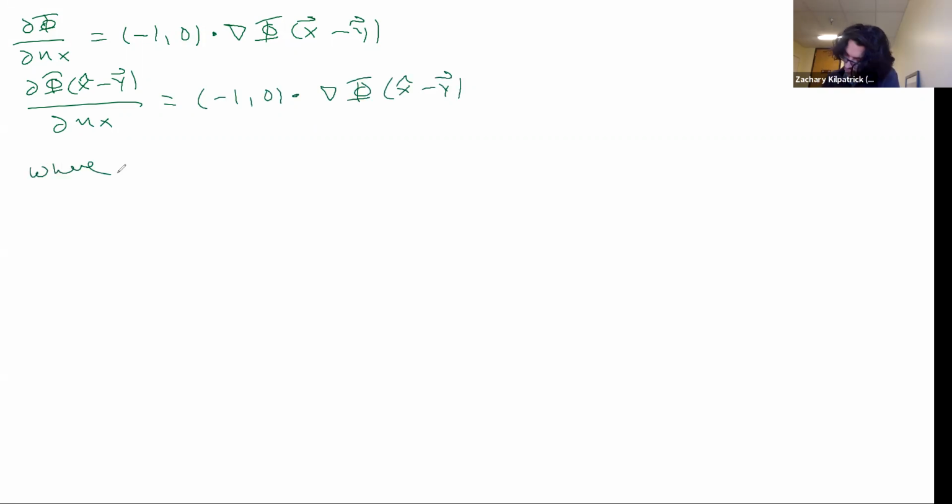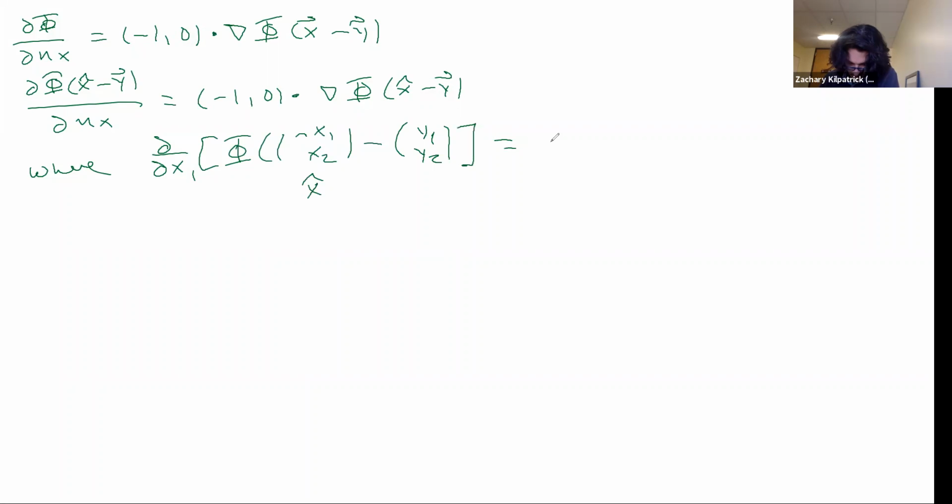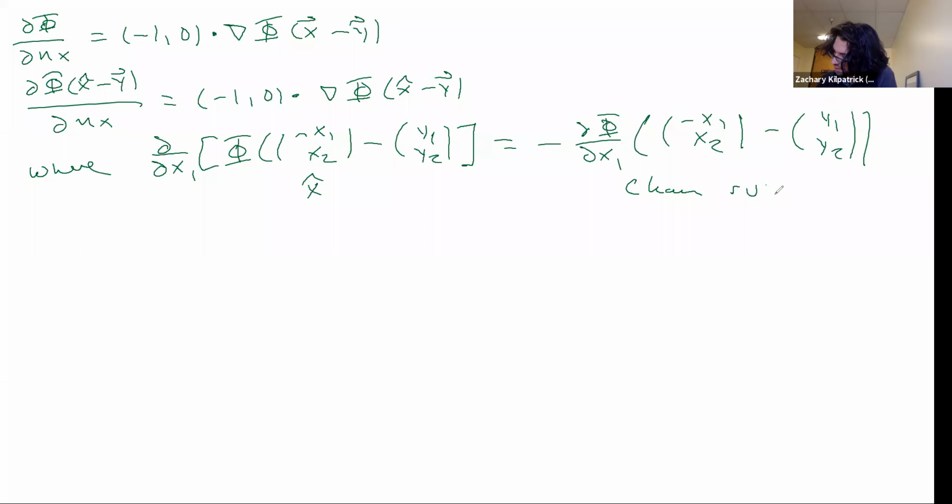Where essentially dx1, right, of phi of minus x1, x2, y1, y2 here, right? So here's our x hat, okay, is going to be equal to minus d phi dx1 of minus x1, x2 minus y1, y2, okay, applying the chain rule here, right?